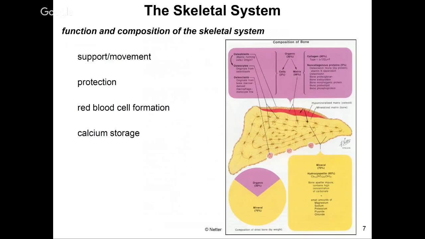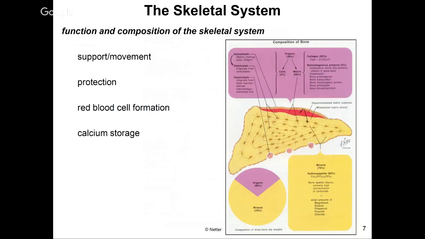Our skeleton has multiple functions. It gives us support. That one's pretty obvious. Protection. What are some examples of how our skeleton protects our body? The skull.